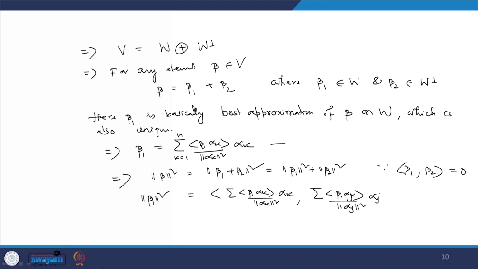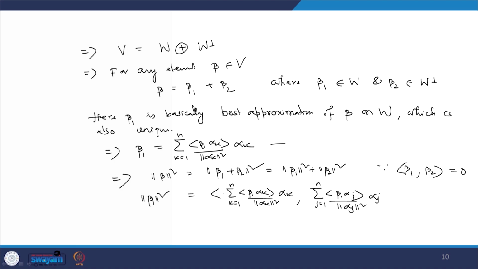For the sake of simplicity I have changed the suffix, so that it will not confuse us why we have written the same alpha j. So, j equal to 1 to n, k equal to 1 to n.